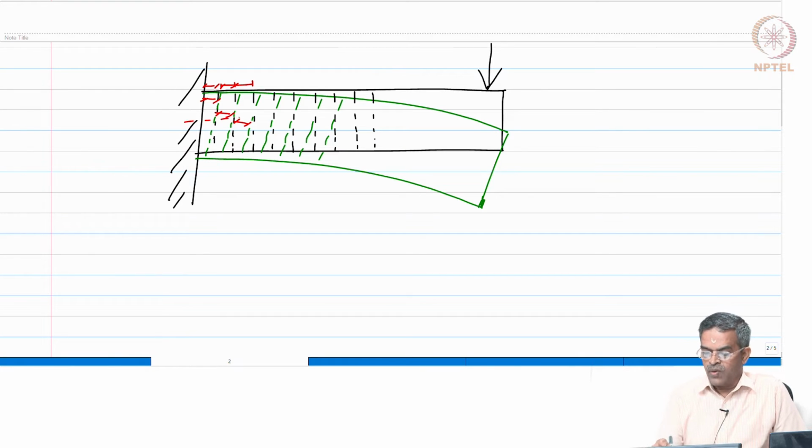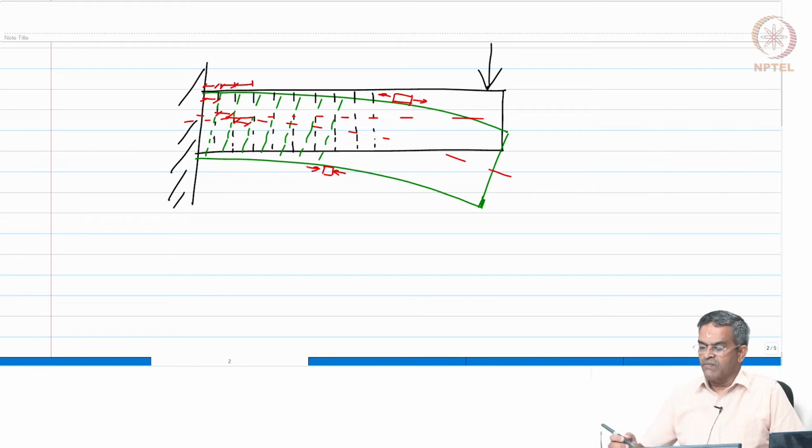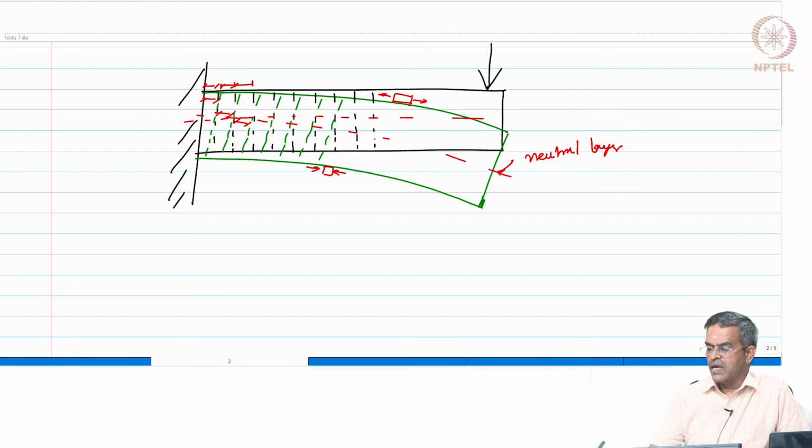Only the horizontal axis gets twisted, that is all. The extreme fibers at the top will be under tension and the extreme fibers at the bottom will be under compression. I think we all know that, and somewhere there is a layer which is the neutral layer, which has neither tensile nor compressive fibers.